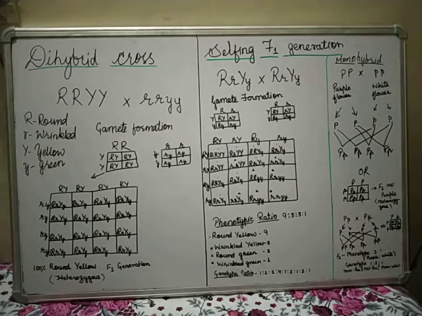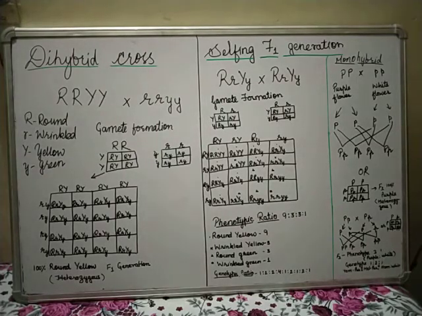Here R for round and small r for wrinkled, that is the shape of the seed. Then capital Y for the yellow color of the seed and small y for the green color of the seed. Now, gamete formation.